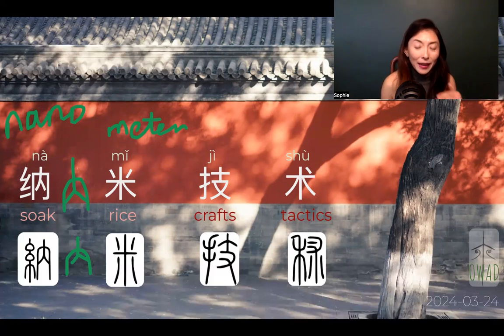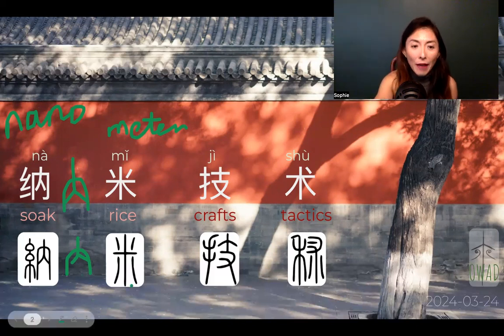And when we put a fabric and soak it in the water, we can imagine the water's tiny drips entering inside the thread or the fabric. Anyways, together it means soak. We use it because it sounds like nano.